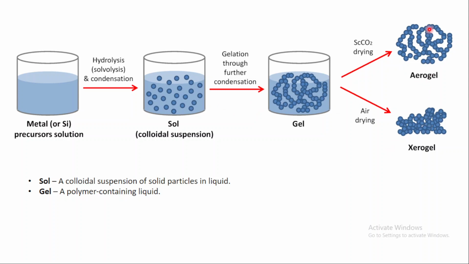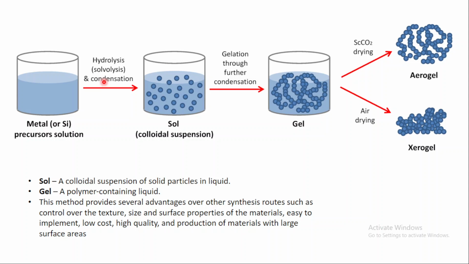These are not our focus, but the point of showing you this diagram is the method of sol-gel. What is the principle behind sol-gel synthesis? We have precursors. We first hydrolyze and condense them to the sol form, where it is a colloidal suspension, then further condense it to the gel form, and then dry out the solvent to obtain the nanomaterial, right?